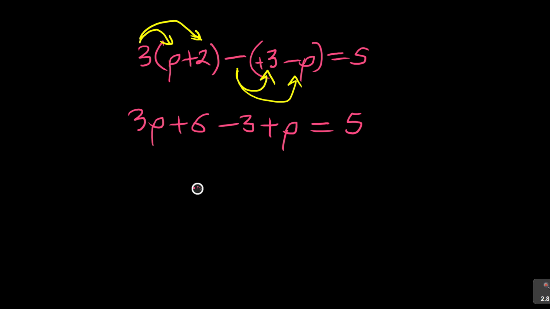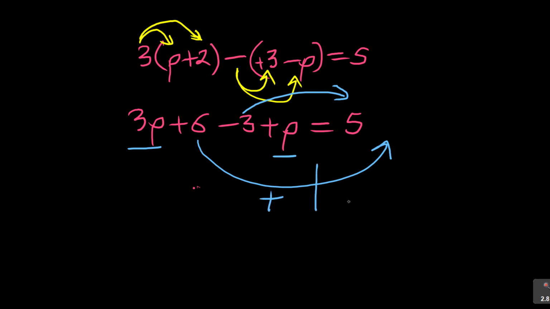What you do? You collect like terms. Look at it. The good part is p is already on the left hand side. So it's a matter of rearranging, but 6 goes and 3 goes. What was 6 before the equal sign? Positive, it will become negative. What was 3?